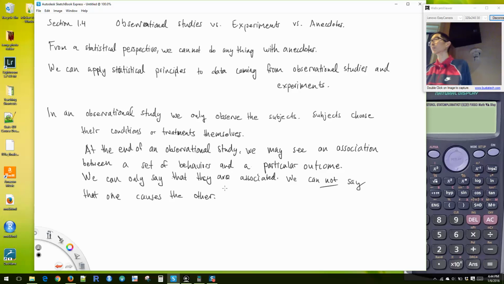Okay, so for example, there was a real study with real data, and what it said was that people who drank diet soda experienced heart attacks at a much greater rate than those who did not drink diet soda.